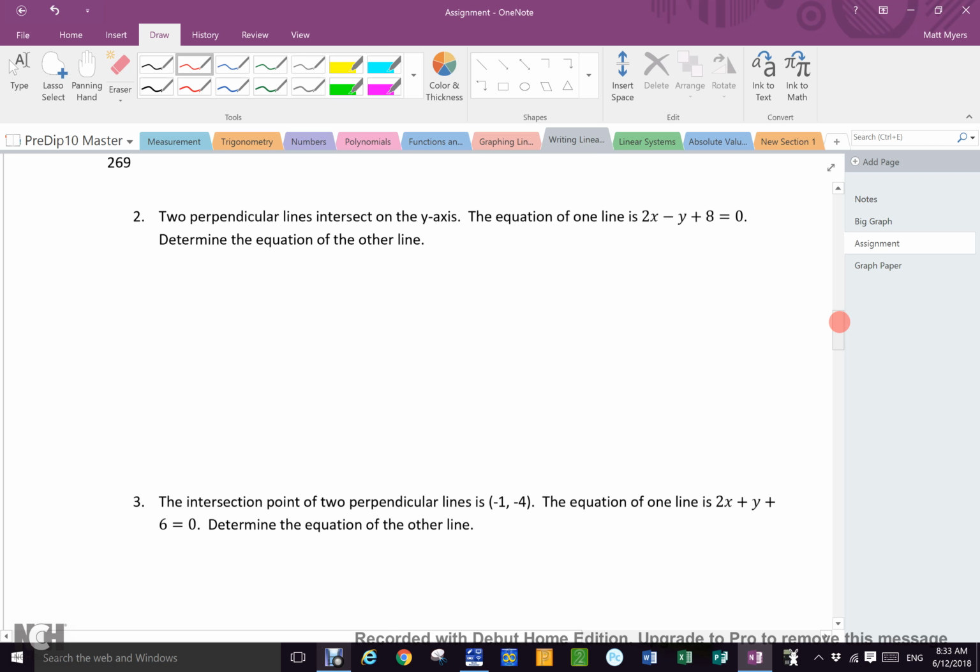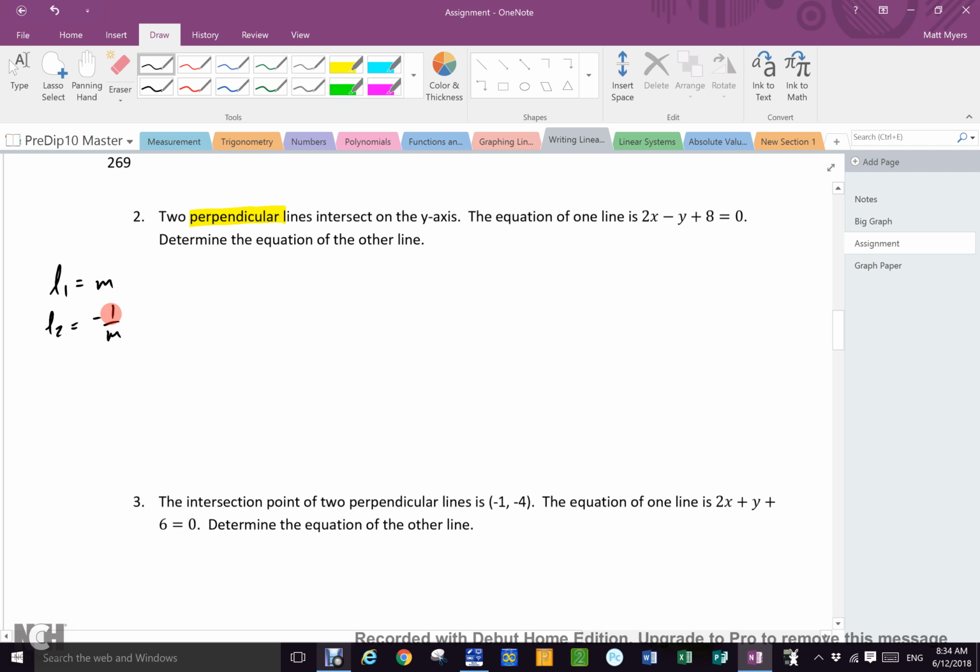Do perpendicular lines. Now, everybody should have done this question. That question is chock full of hints to how to do it. What are some of the key words? Perpendicular, which means what? Line 1 has an m. Line 2 is negative 1 over m.